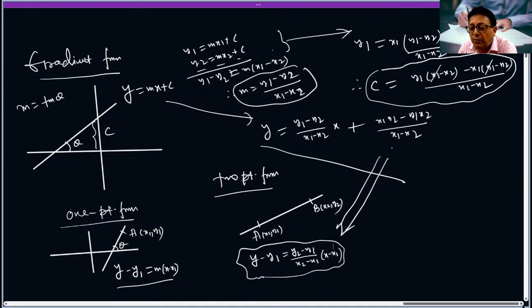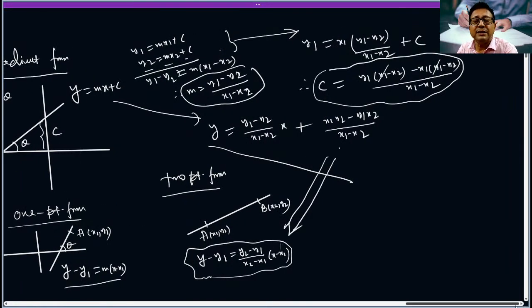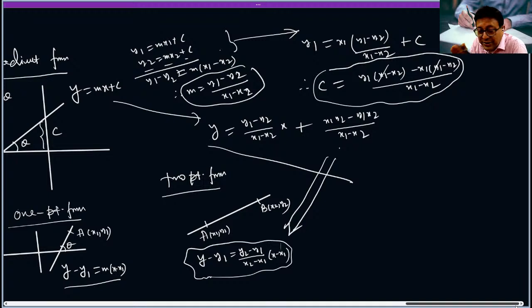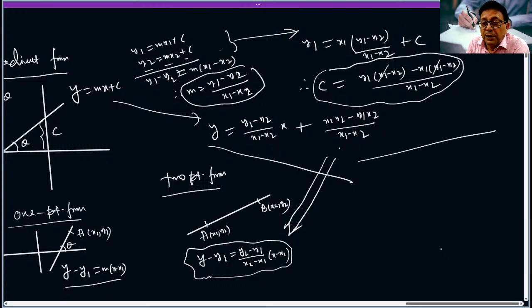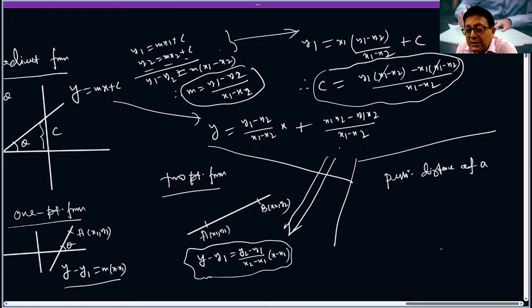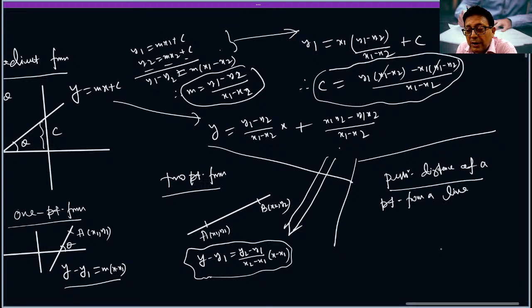You just write the form. Okay, just write the form, because revision time not required. Just remember the formula. There is another formula left, that is perpendicular distance of a point from a line. Okay?